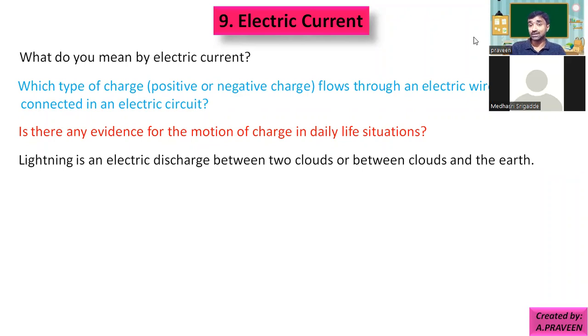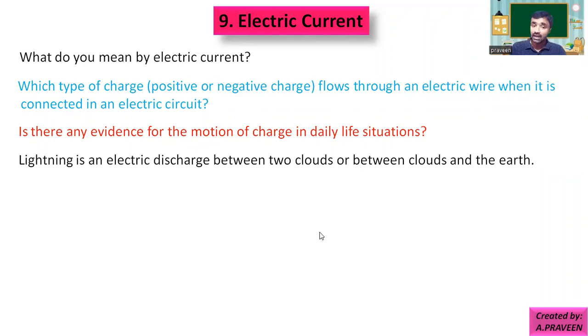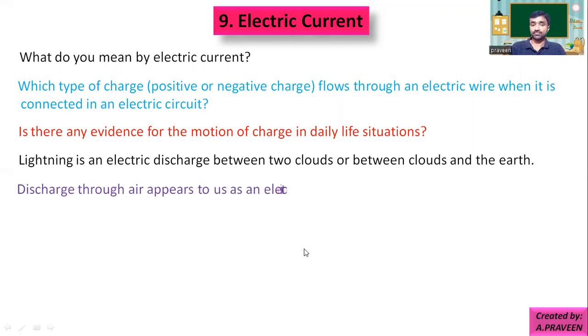Where do we observe that a charge is released or exchanged, discharged? So, discharge through air. How is the charge discharging here? Through the air. There is no other medium. We don't have wires to carry the charge from clouds to the earth. Air is only acting as a medium. So how does that air act like a conducting medium?